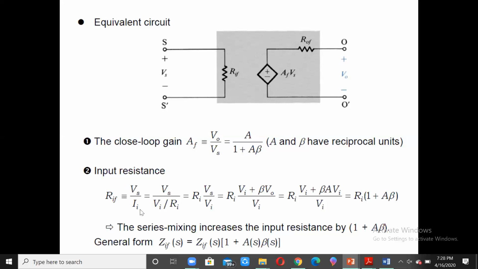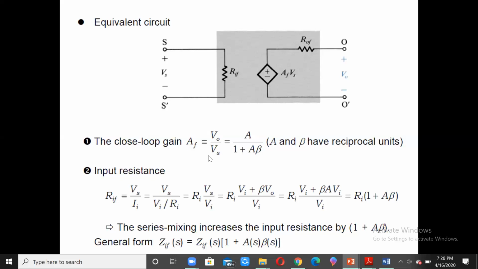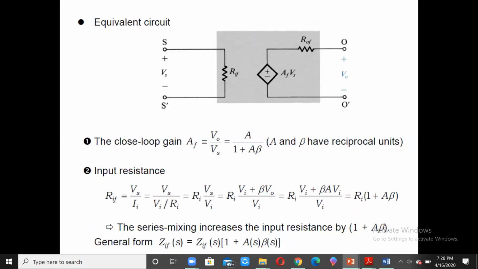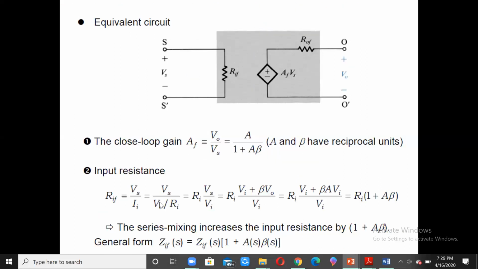And this II, if we go back to the earlier circuit, will be equal to, you can definitely say, Vi by Ri. So we are replacing II as Vi by Ri, and that gives us Ri into Vs by Vi.